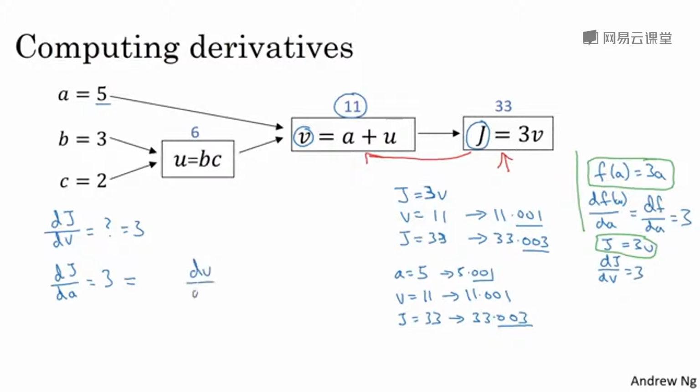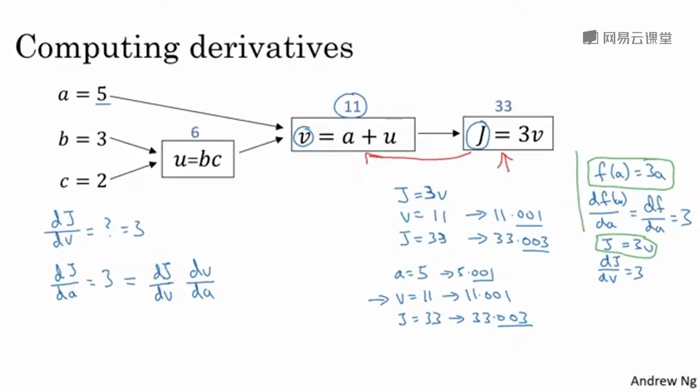first, by changing a, you end up increasing v. Well, how much does v increase? It'll increase by an amount that's determined by dv dA. And then the change in v will cause the value of j to also increase.